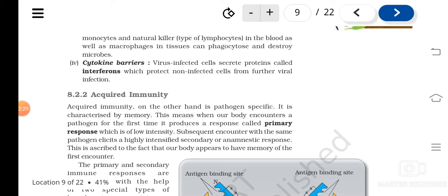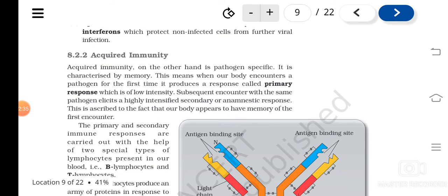I told the example of chicken pox, isn't it? Once chicken pox comes, generally the second time the chicken pox will not come to you, because the first time your body already had an encounter with the viruses, isn't it?